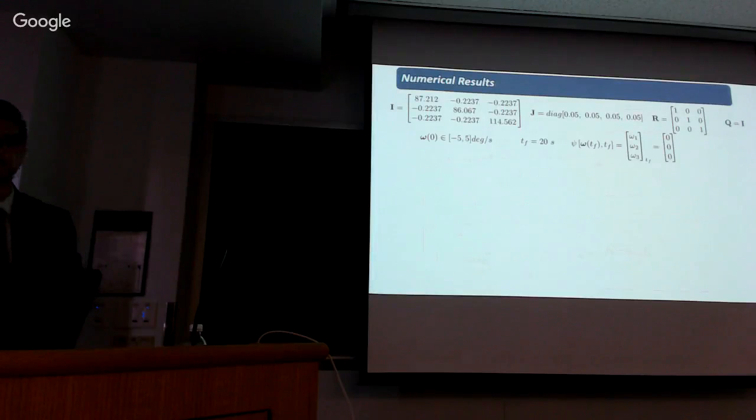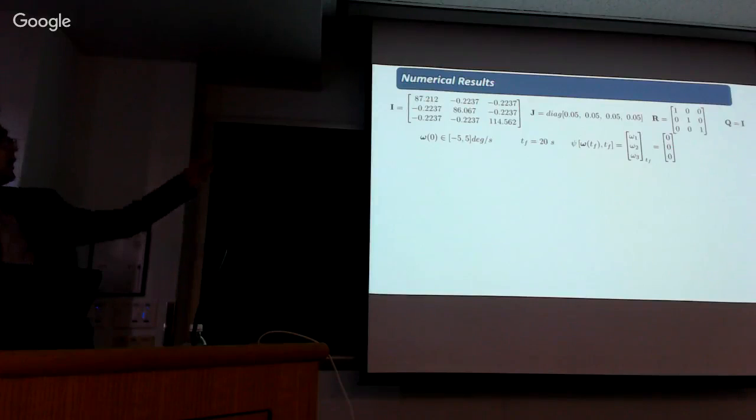For the numerical results, I have used this matrix as my inertia matrix, and J is my inertia matrix for the reaction wheels. I have used identity matrices for R and Q, and my terminal weighting matrix is equal to the inertia matrix.